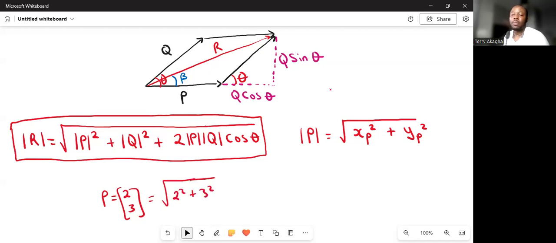Is that making sense? So that's how you find magnitude.